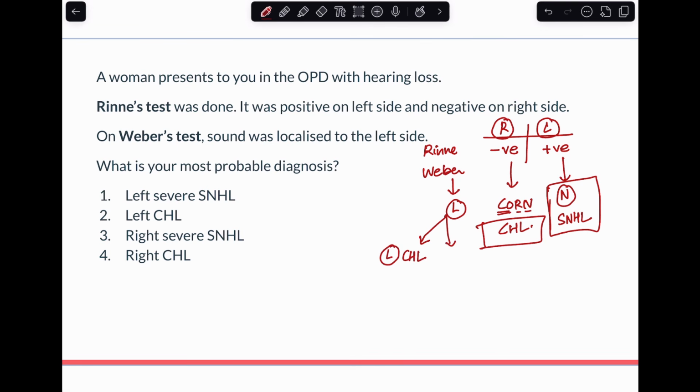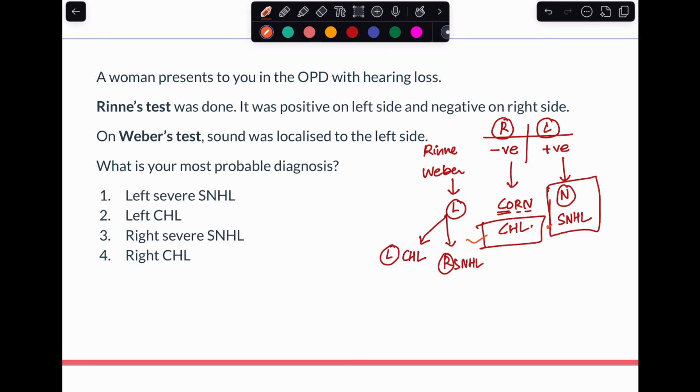And for sensorineural hearing loss, Weber gets localized to the better ear. That means if Weber has been localized to the left side, and that is the better ear, this could possibly be right sensorineural hearing loss. So these two are possible options from our Weber interpretation, and those are our possible options from our Rinne test.